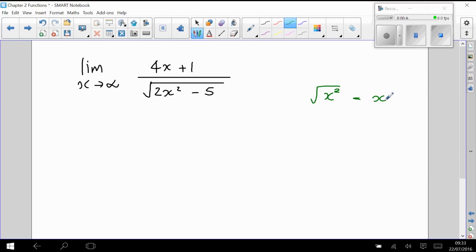In other words, in this example, when I divide by the highest degree of x, I'm dividing everything by x. But when I divide by x in the numerator, I'm just dividing by x. But as my expression is terms underneath a root in my denominator, I must divide everything by the root of x squared. So let's do that in the next step.